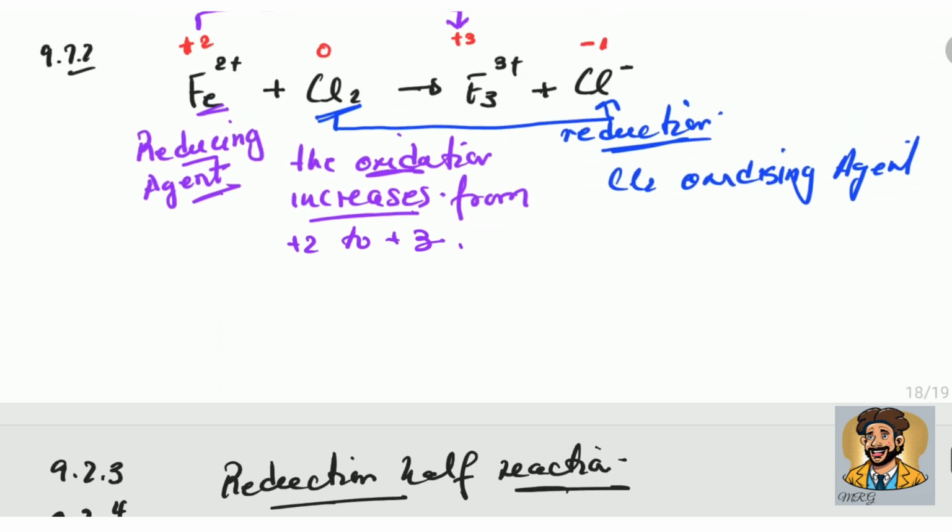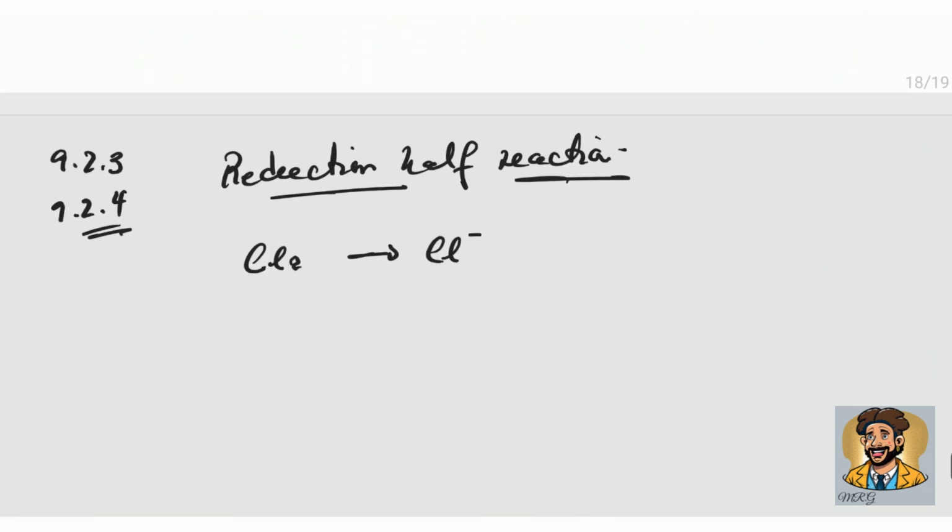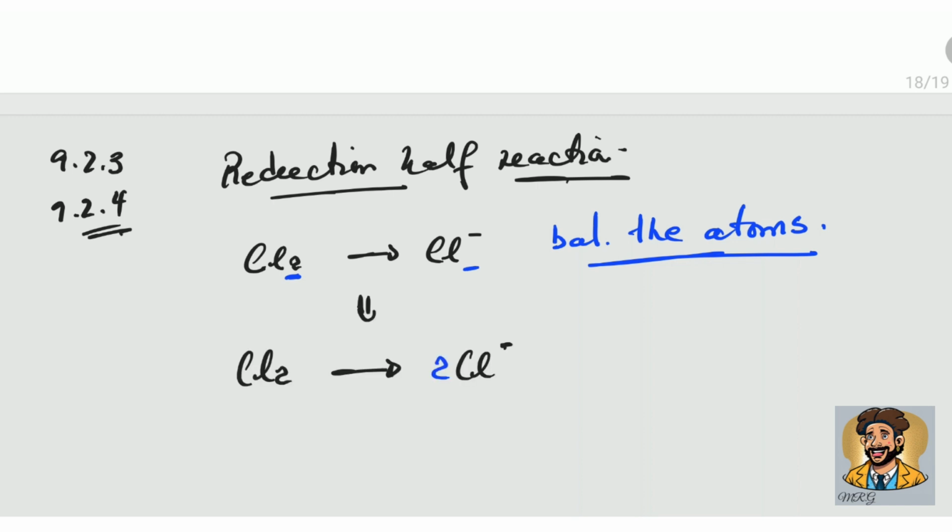Note, all I did was writing what I have on the left and what I have on the right, without the oxidation number that is already in this equation here. So now we have to balance the atoms. We have 2 chlorine, we have 1 chlorine, so we have to add a 2 at the front, and that was the first step. We have now the number of atoms balanced.